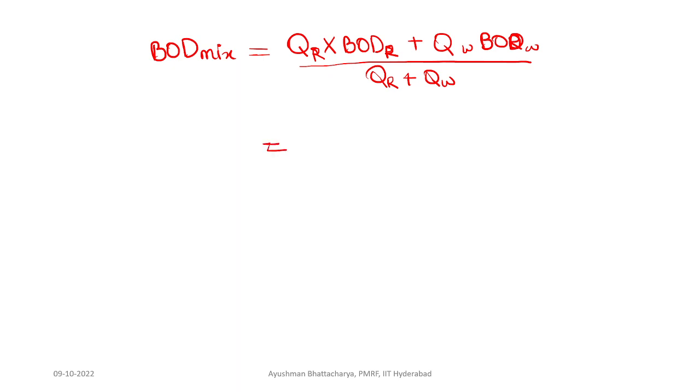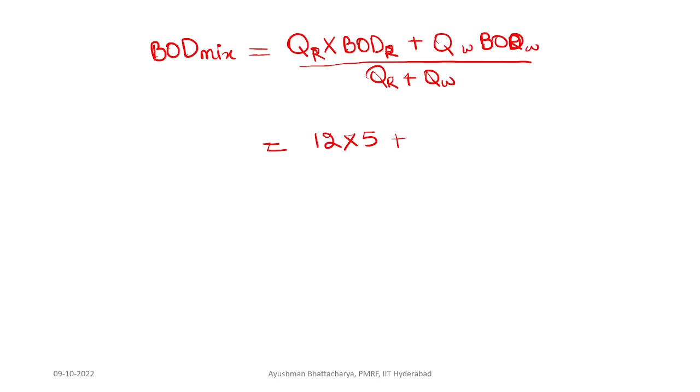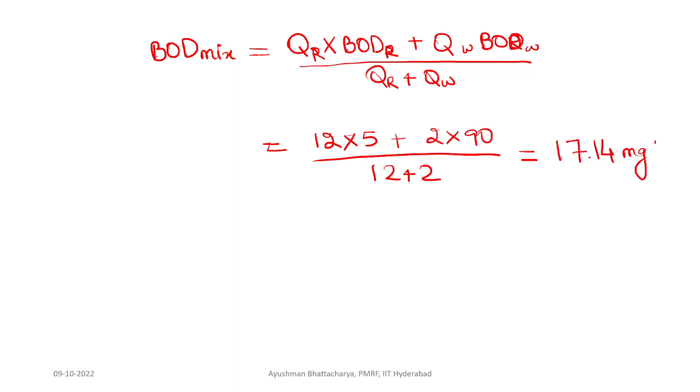So QR is 12 as mentioned in the question, and the BOD of the river is 5. The flow rate of wastewater is 2 meter cube per second and the BOD of wastewater is 90, so it is 2 into 90. Now QR plus QW is 12 plus 2, and this comes out to be 17.14 milligram per liter. This is the BOD mix.